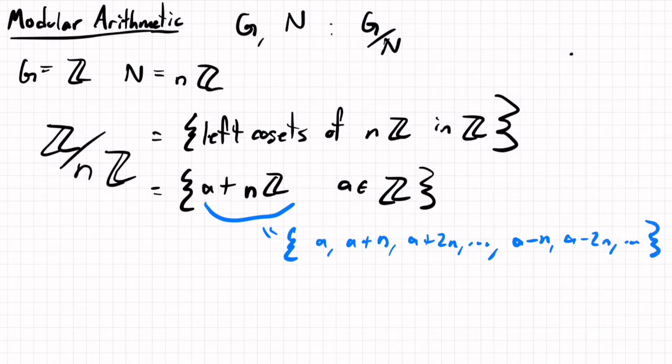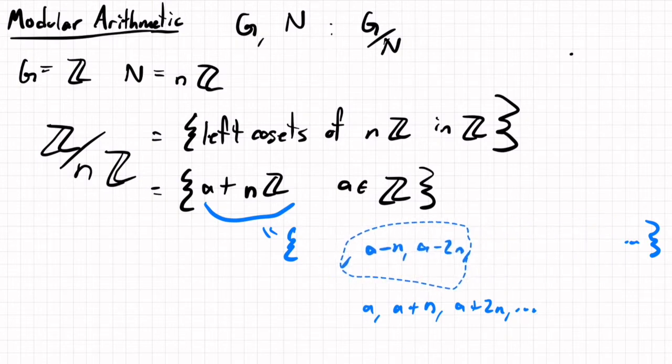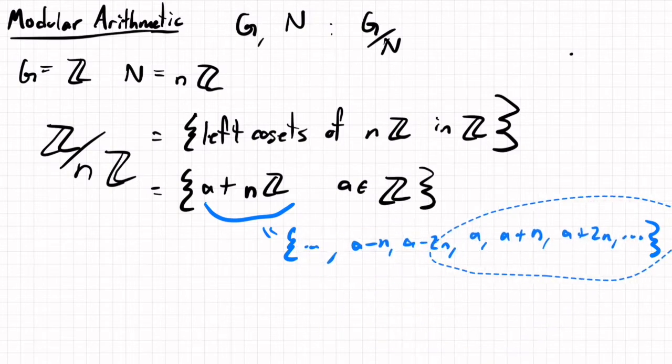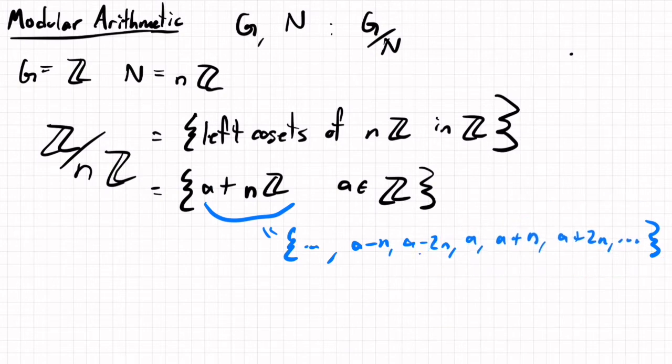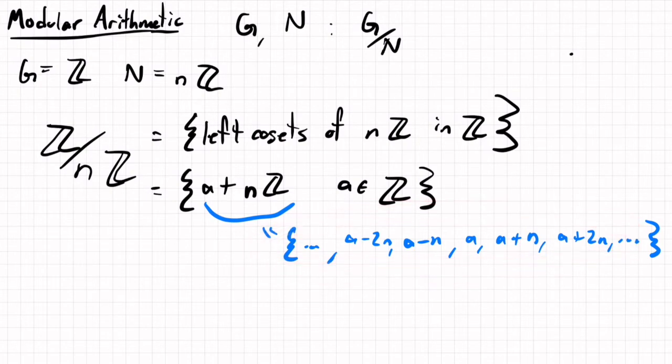I could have written that in order, but since it's a set, I didn't have to. But that's fine. So this would be the coset.